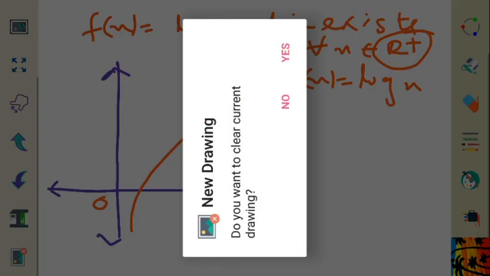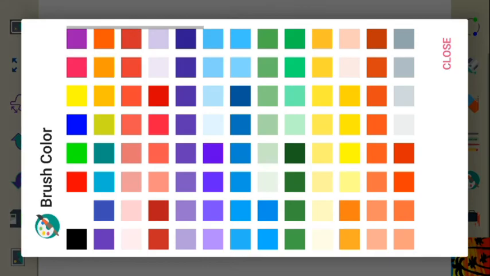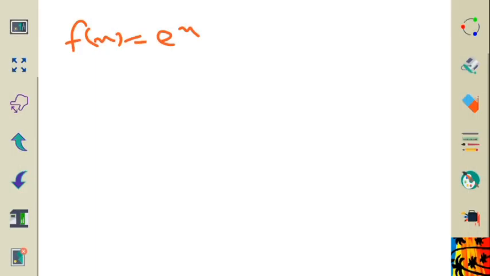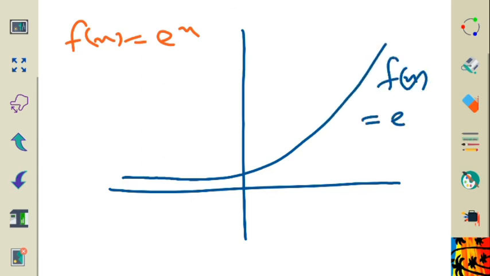Now let us take e to the power x. Suppose I take the example f(x) equals e to the power x. For e to the power x, the graph will look like this. This graph represents f(x) equals e to the power x.